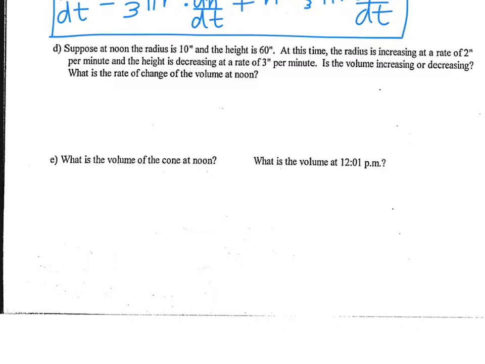Okay, it says, suppose at noon the radius is 10 inches and the height is 60 inches. All right, so I'm going to write that down. The radius is 10 and the height is 60. Now, at this time, the radius is increasing at a rate of 2 inches per minute.